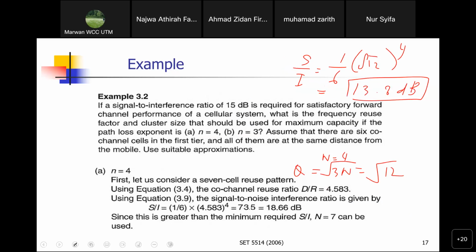So that means I cannot use cluster 4. Then it is correct, the smallest cluster you can use will be 7. Did everyone get 13.8 if I'm using cluster 4?